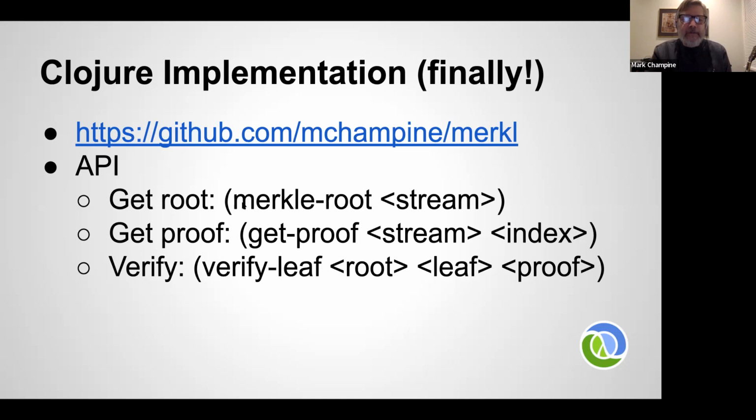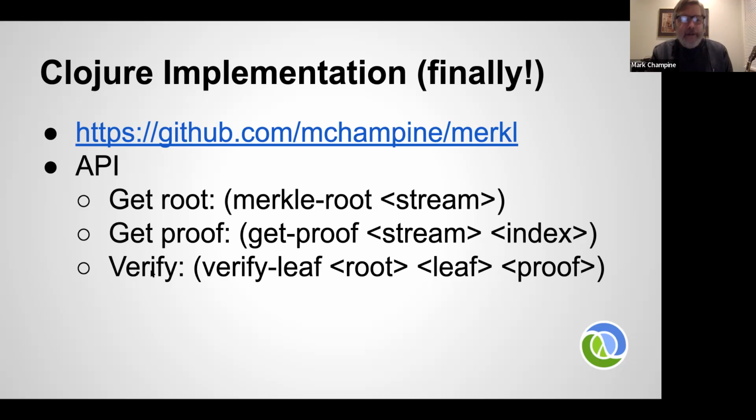There's a function to create a root given a stream of nodes or leaves. There's an API to construct a proof from a stream, and the index of the leaf that we're trying to prove is a member of that list.